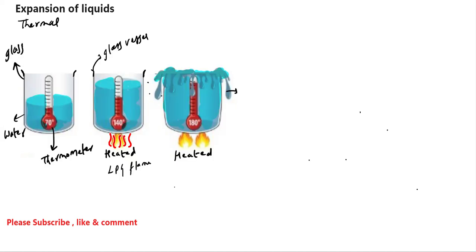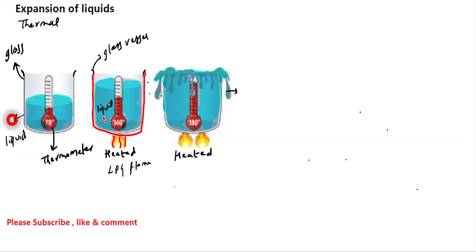Instead of water, it can be any liquid. The liquid starts heating up. When you supply the LPG flame, the temperature of the liquid will increase. Both the glass as well as the liquid will expand.